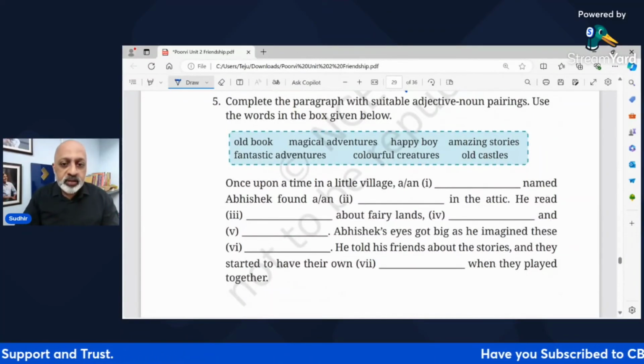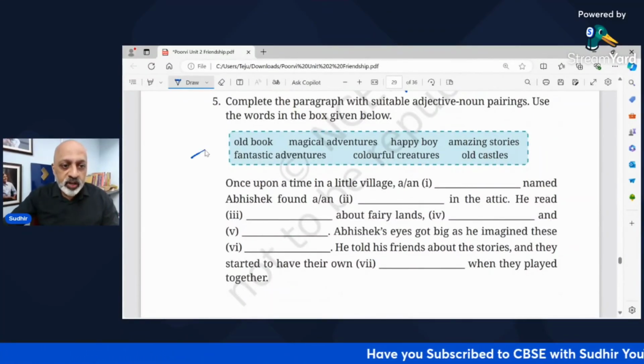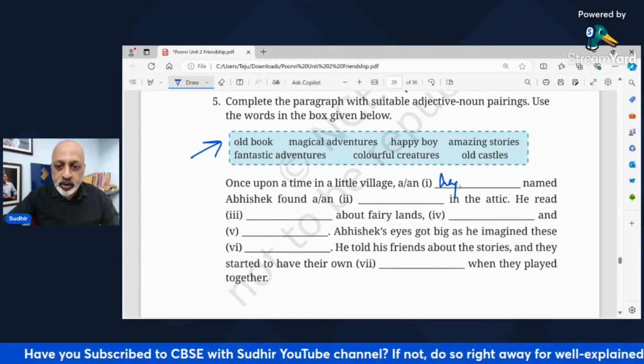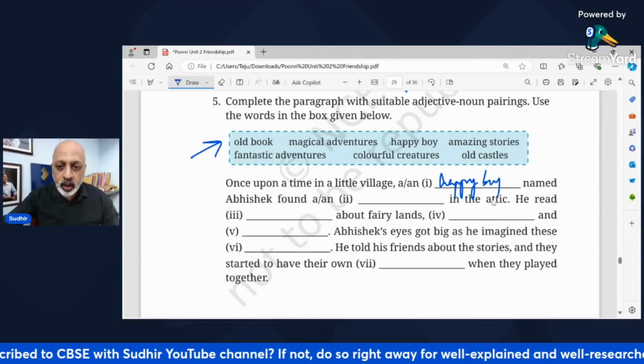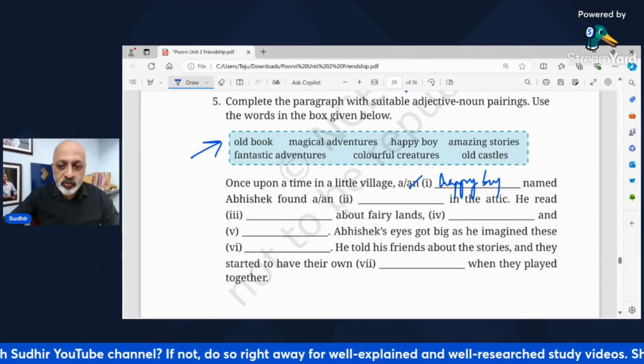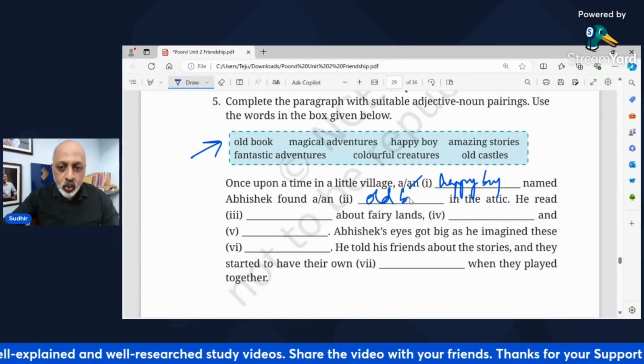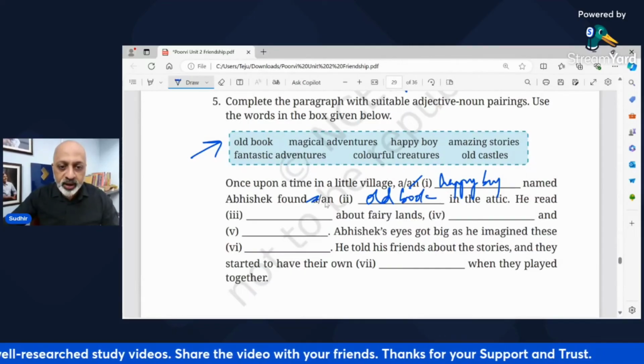Once upon a time in a little village, yahan se aapko words nikalne hain aur yahan par fill in the blanks mein daalne hain. Once upon a time in a little village, a happy boy, Abhishek found, and what did he find in the attic? He found an old book in the attic.